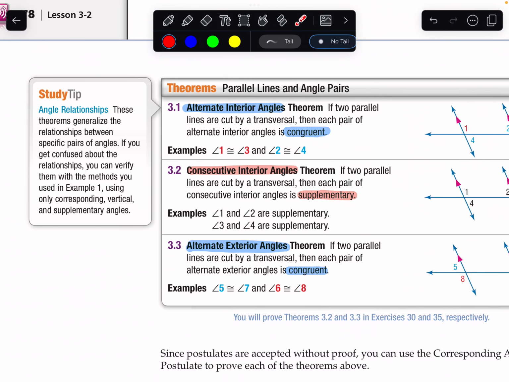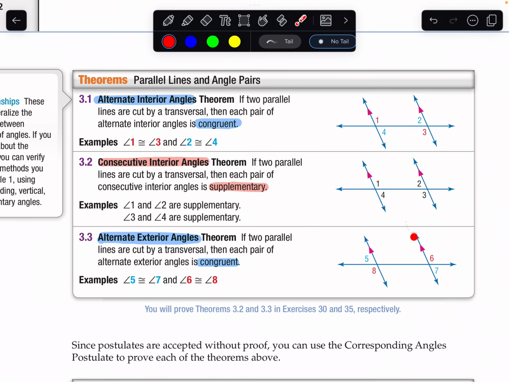These theorems generalize the relationships between specific pairs of angles. If you get confused about them, you can verify them with the methods you used in example 1, using only corresponding, vertical, and supplementary angles. So with just those three angle pairs, you can always work out for yourself how these others must pair up.